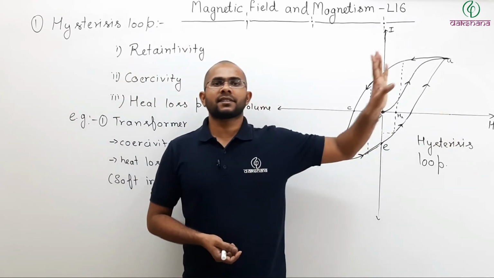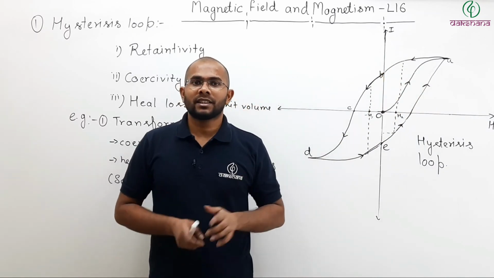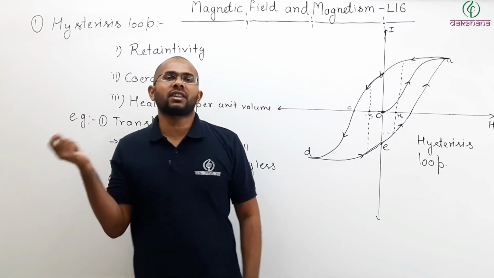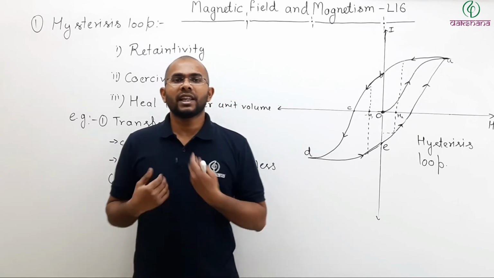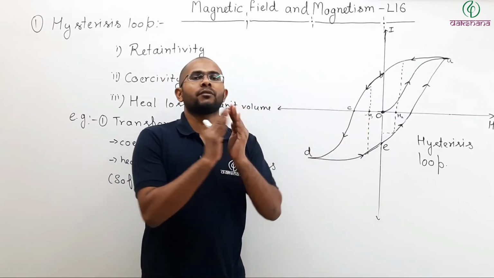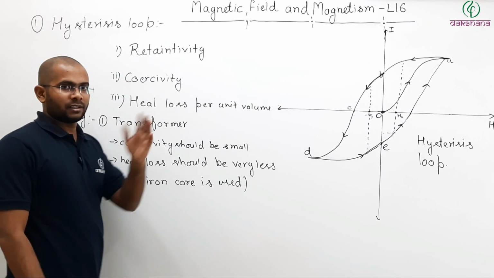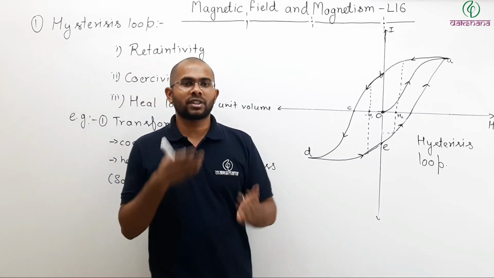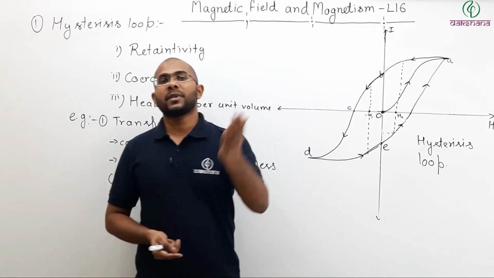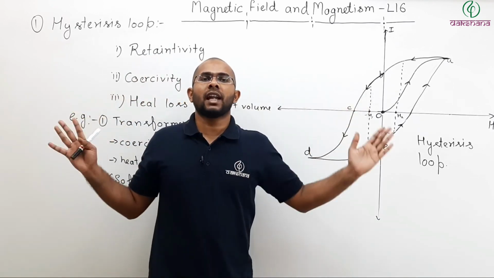Once you magnetize something and make a permanent bar magnet, it should be very difficult to demagnetize. So in making a permanent magnet, coercivity should be very large. In a transformer, there is no need for a permanent magnet, so coercivity should be small.